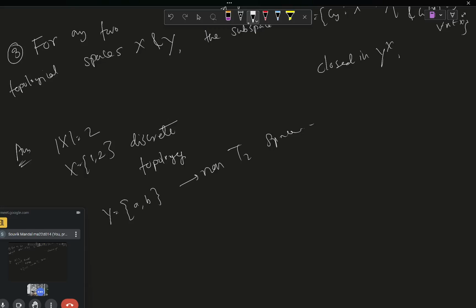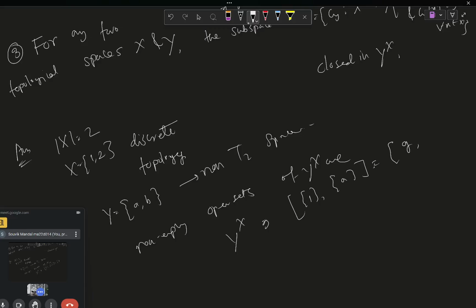So now, as in the first problem, the non-empty open sets of Y to the power X are of this form.